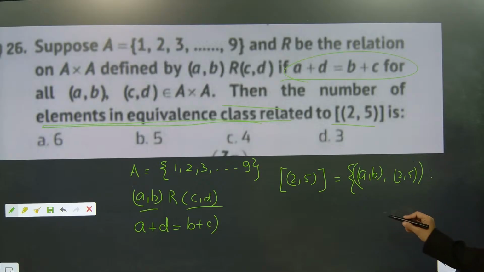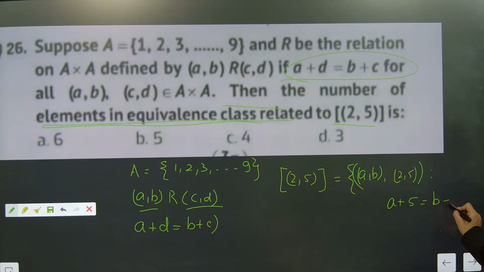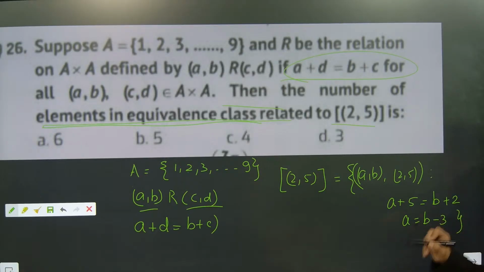And the condition is A plus D, where D is 5, so A plus 5 is equal to B plus 2. Correct? So here it will become A is equal to B minus 3. Are you understanding? A must be equal to B minus 3.